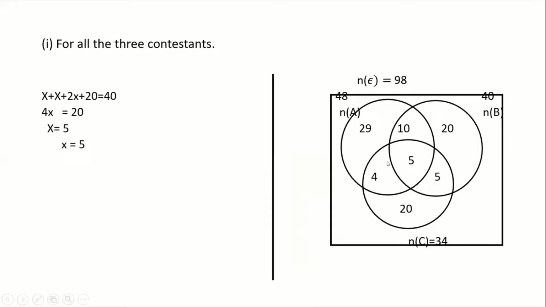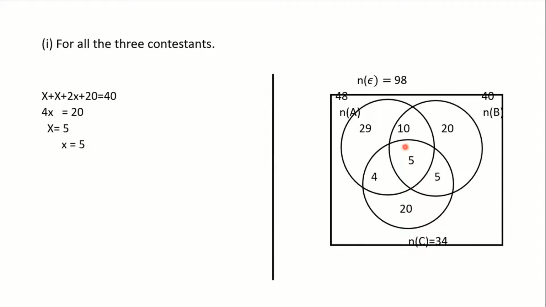As I said, the union set has 98 people. We shall have to find out if this whole set actually has 98 people. But when we calculated 29 plus 10 plus 20 plus 4 plus 5 plus 5 plus 20, it actually gave us 93 people.